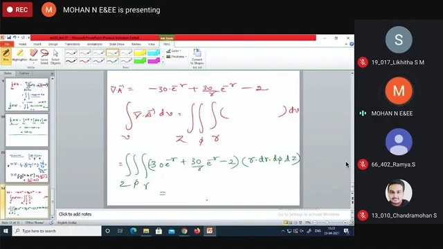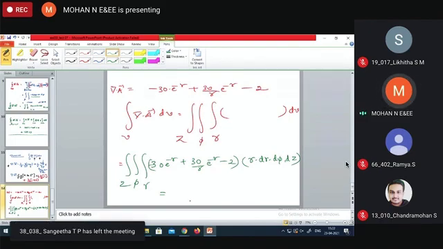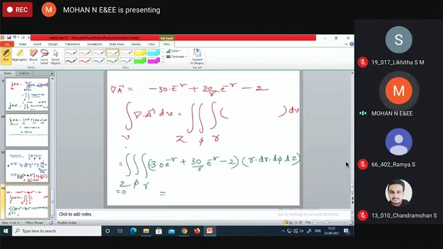So it is a triple integration. And on substitution, z is equal to 0 to 5, phi is equal to 0 to 2 pi, r is equal to 0 to 2.